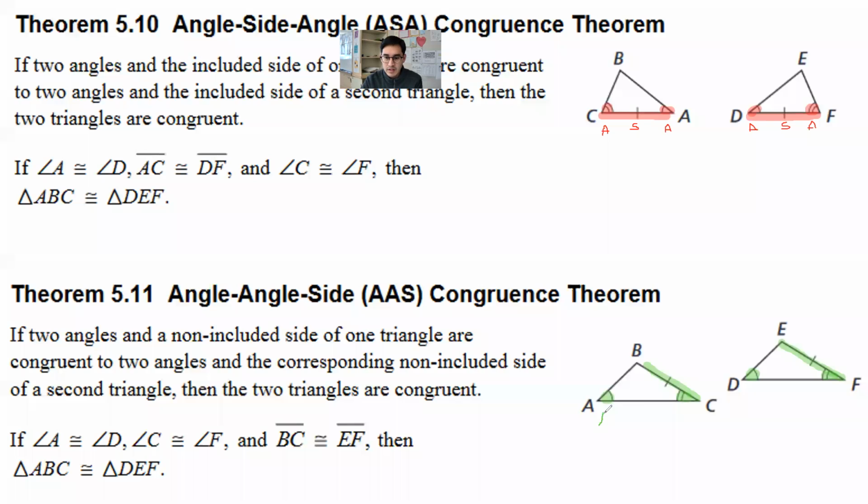So we have the single marked angle, the double marked angle, and then right next to it, a side. As I go around the perimeter of either of these triangles, the order that the markings go is a marked angle, then a marked side.